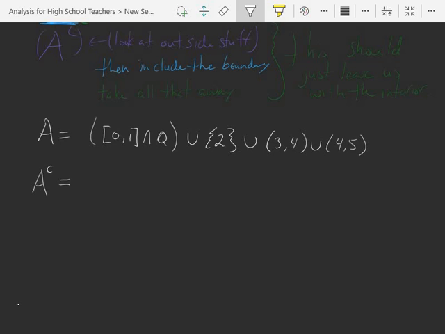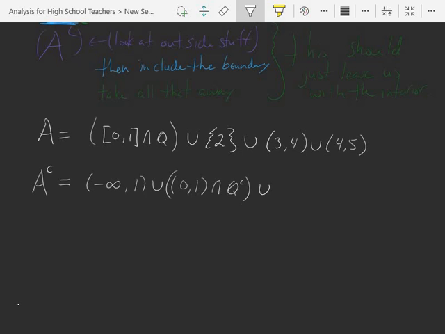The things that aren't in here, well, negative infinity up until 0 are not in there. The numbers between 0 and 1 that are irrational are going to be in there.